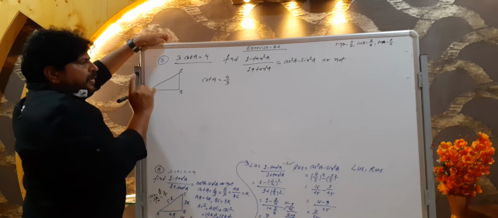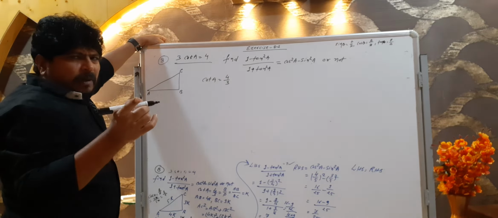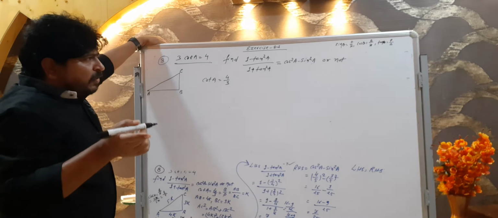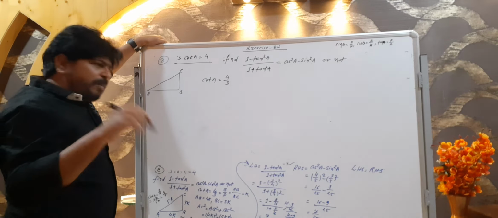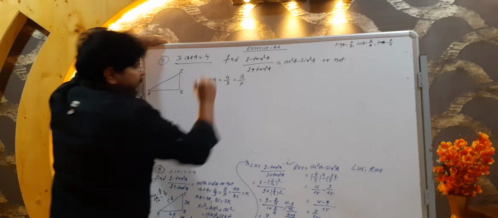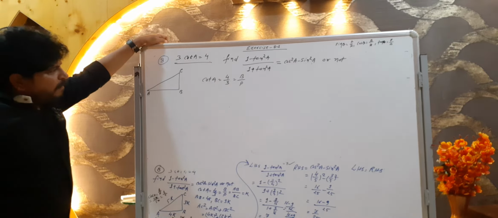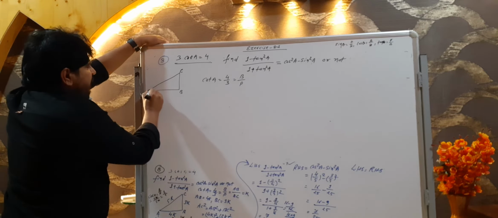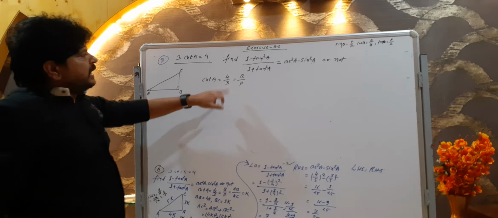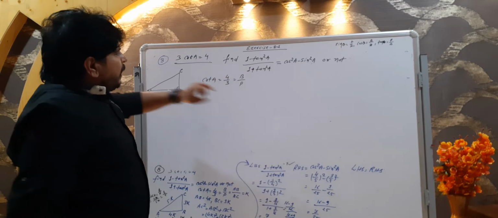Now I have written cot A is equal to 4 upon 3. You know that cot A is the opposite of tan A. Tan's value is perpendicular upon base, so cot's value would be base upon perpendicular. Okay, cot A here, and it is right angled at B. Now we got cot A is equal to 4 upon 3 is equal to base upon perpendicular.